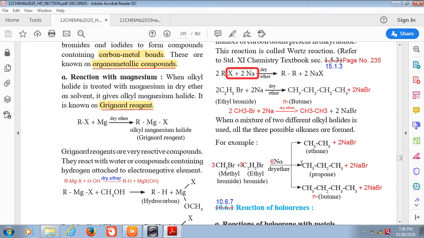This is not a good method for preparation of odd number alkanes like propane, but it is a very good method for preparation of even number alkanes such as ethane or n-butane. So this is the drawback of your Wurtz synthesis.